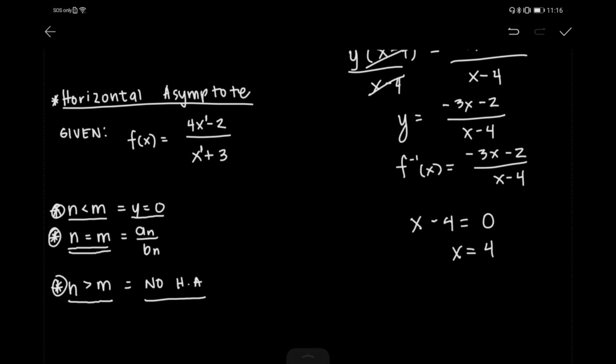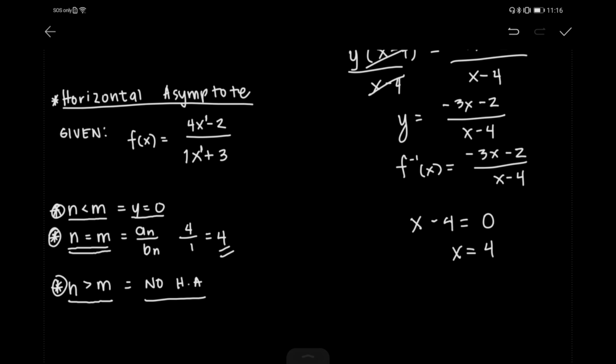So i-divide lang natin yung ating leading coefficient ng ating numerator, which is 4, ng ating denominator, which is 1. Then 4 divided by 1 is equal to 4. So therefore, ang ating horizontal asymptote is located siya doon sa y, which is equal to positive 4.